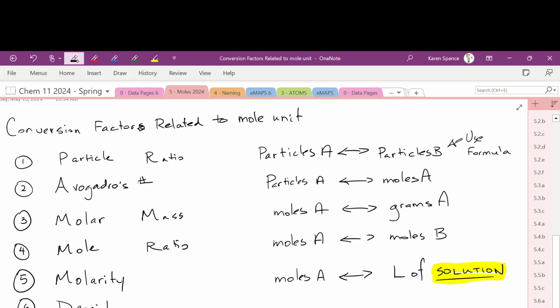Because what does density convert between? Grams of A and volume of A. Now, this volume could be in liters, it could be milliliters, it could be centimeters cubed.